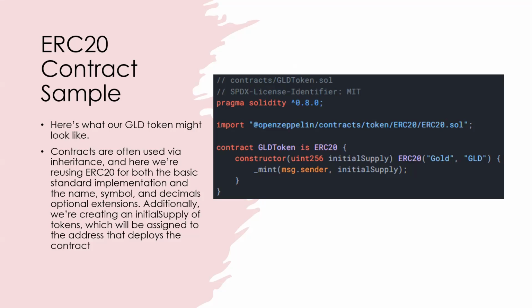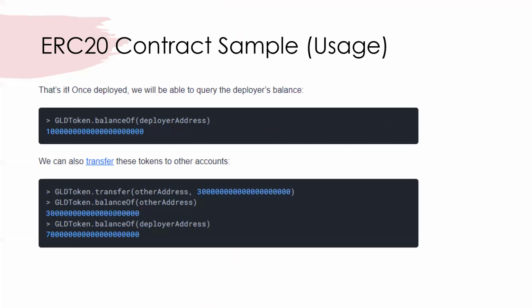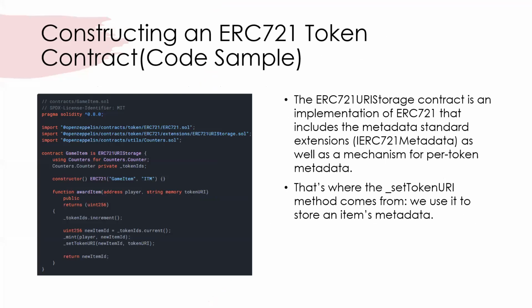No, I was wondering if the 721 type has a limited supply, because we talked about supply for the other tokens, but I believe that ERC 721 does not have a supply limit or anything like that. That's what I'm asking.